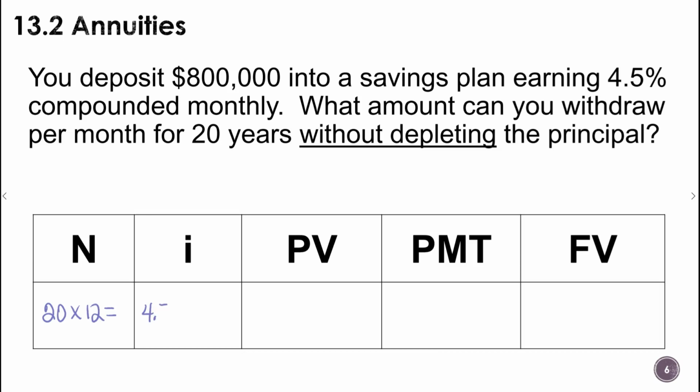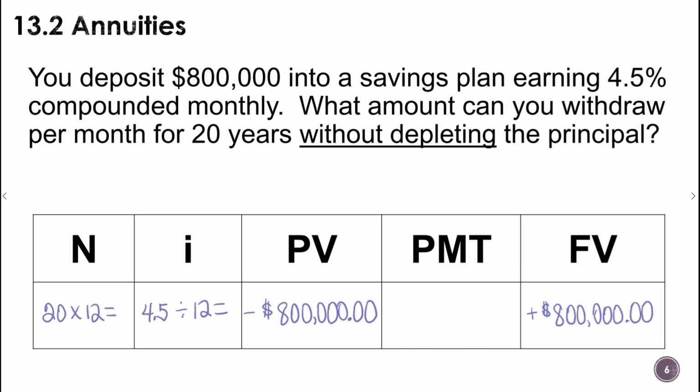4.5% divided by 12, because remember this was monthly. Our present value was $800,000, and remember that is negative because it's in the account. We're not touching that money. And because we are not depleting the principal, our future value is also $800,000.